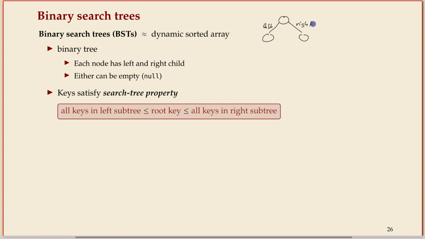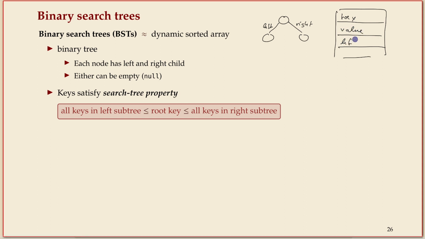Now, I didn't go into this detail before, but maybe it's useful to have something closer to programming syntax. So if you think about a UML diagram for some class that represents such nodes, for our symbol tables, it would probably have these 4 fields. It would have a key that it stores and a value.